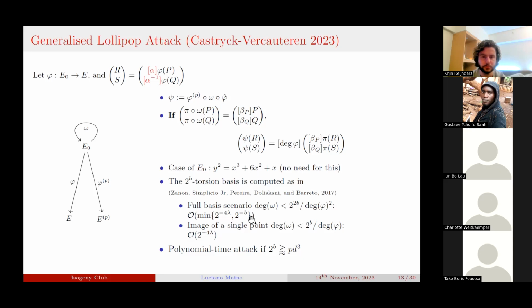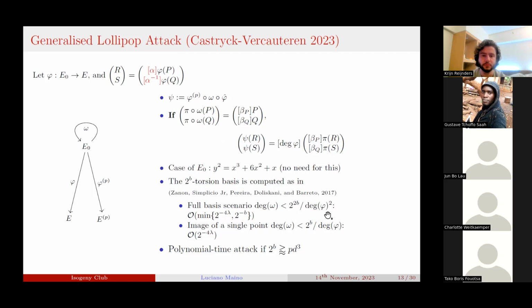Let me clarify what I mean by this. For the attack to work, we need the second bullet point to apply. So there are actually two cases. In the first case, we need that P and Q, both of them, are eigenvectors for a certain endomorphism. This endomorphism is given by omega composed with pi, and the degree of omega is 2^(2b) over the degree of phi squared.